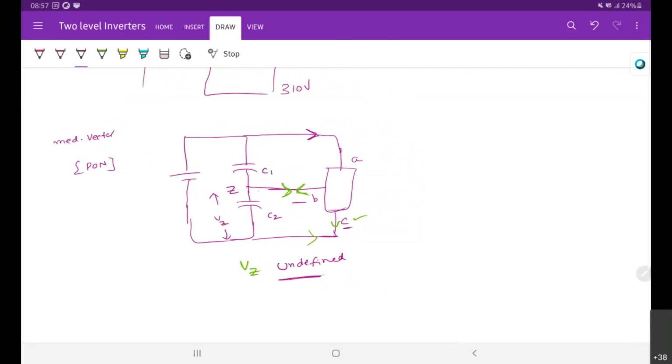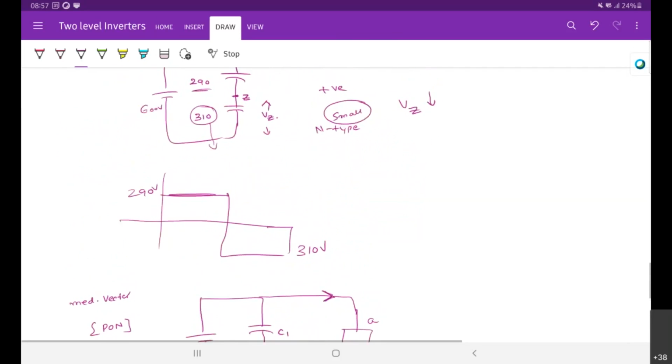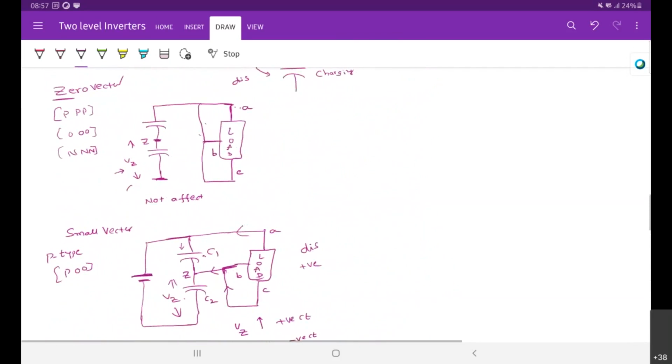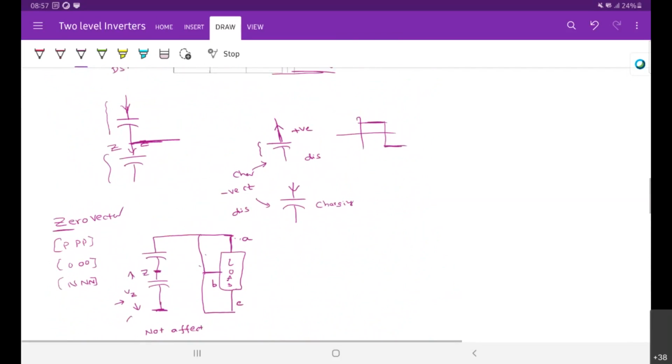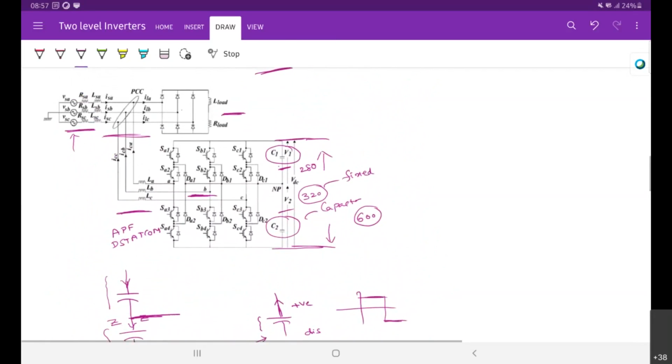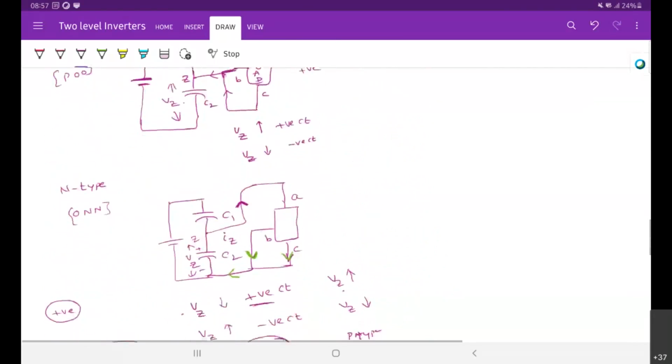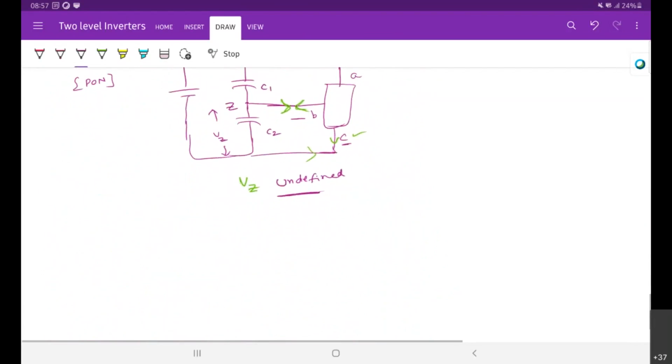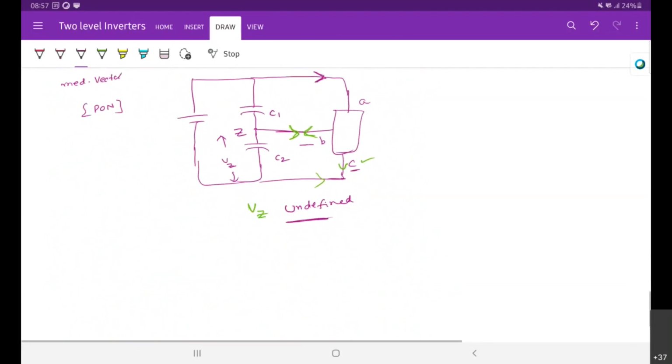Definitely it is affecting the neutral point voltage, but whether it is increasing or decreasing is undefined. In the case of small vectors, the neutral point is affected, but we do not know whether it is increasing or decreasing. In the case of zero vectors, the neutral point is not at all affected.